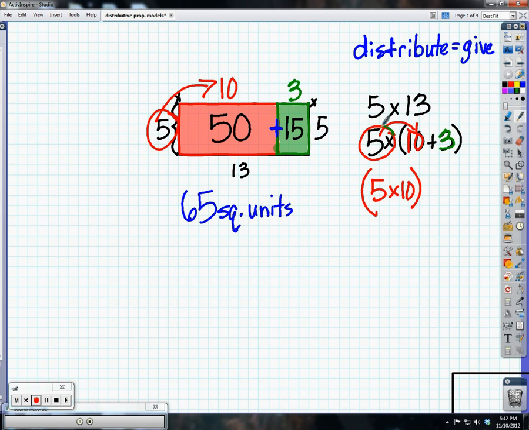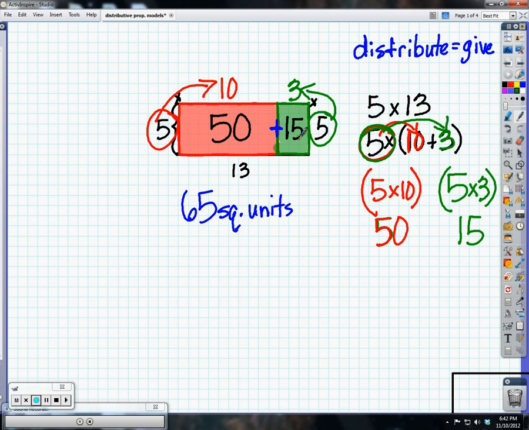Next, we gave the 5 times to the 3. That was our smaller green rectangle right here. So the 5 times 10 we found was 50, meaning there were 50 units in the shape of squares. And on the green rectangle, we found that 5 times 3 was 15, meaning there were 15 units in the shape of squares.